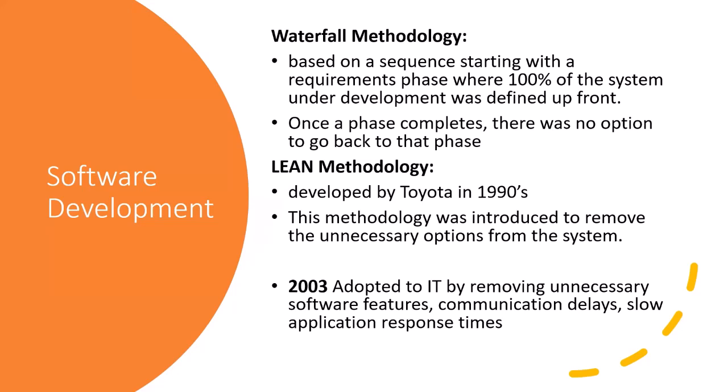Now that process has changed since the 90s, because of the lean methodology introduced by the Toyota car company. Japanese people introduced it and got successful with it. The main reason for using this lean methodology is to remove unnecessary options from your system.